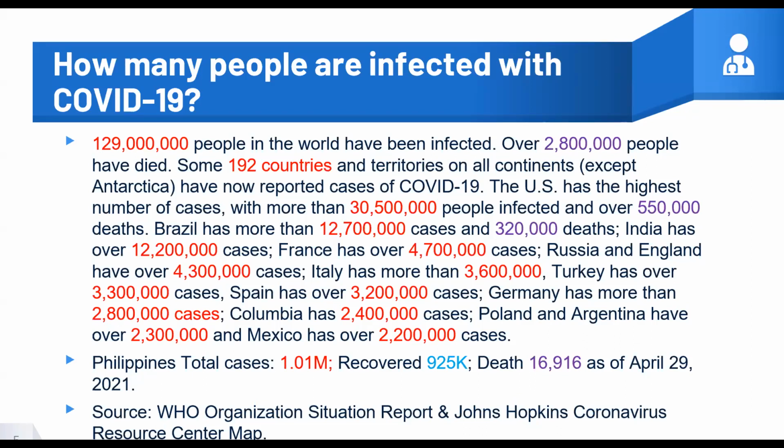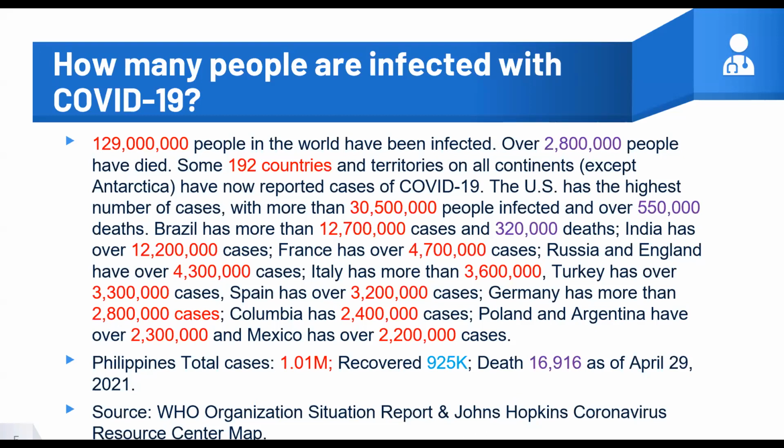Oh my God. Ang dami na guys. How about dito sa atin, total cases of 1,100,000. So ang naka-recover na is 925,000. So ang namatay na sa atin dito sa Pilipinas is 16,916. Oh, shucks. 1 year lang yun, guys. Ang dami nang namatay.